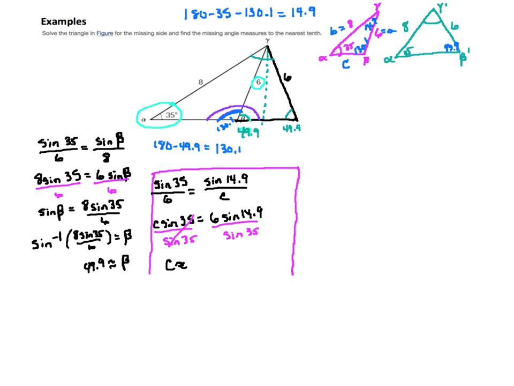So when I put that into my calculator, I get that C is equivalent to 2.7. So now I know my side C is equal to 2.7.